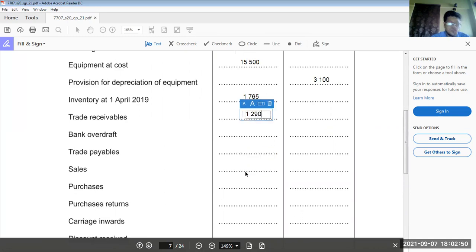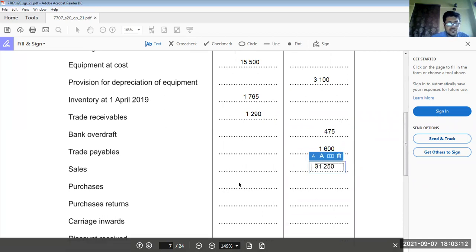Bank overdraft is a liability, recorded on the credit side, 475. Trade payables is also a liability, recorded on the credit side, 1,600. Sales always credit, 31,250.